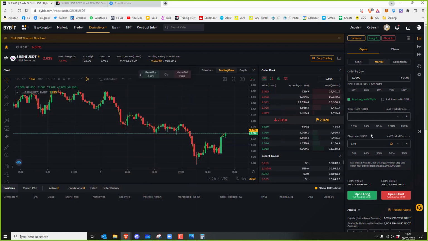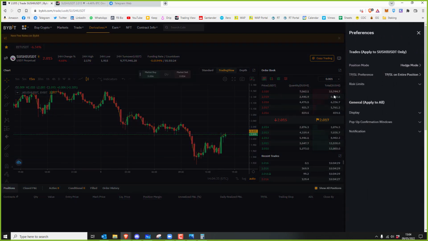In order to get my full $10,000 in, I'd have to click long, open that, and then keep on clicking it. But the cool thing is, if I've set my stop loss up for the first one, every time I click open long, open long, open long, it'll all go under the same stop loss, which is why I like having TP and SL on the entire position. Otherwise, I'd have to keep putting in the same bloody stop loss every time I buy.